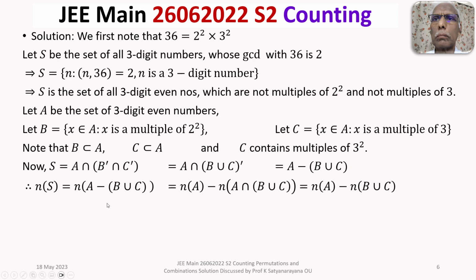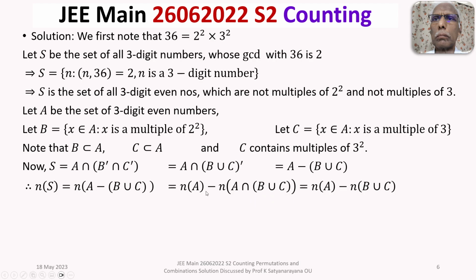That means n of A minus n of A intersection (B union C), using the formula n of A minus B is n of A minus n of A intersection B. So n of A minus (B union C) is equal to n of A minus n of A intersection (B union C). A intersection (B union C) is B union C only, because B and C are contained in A, so B union C is contained in A. Therefore, A intersection (B union C) is just B union C only.